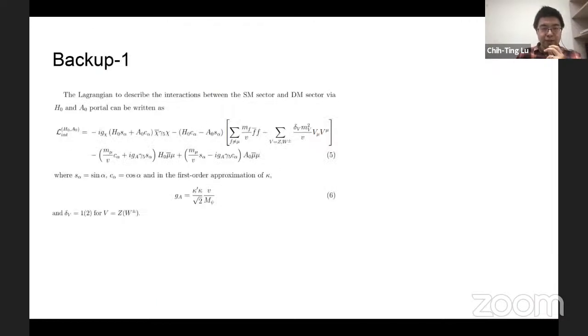So here is very interesting. For the dark matter sector, there is only gamma 5 interaction. And in the standard model sector, if we ignore the muon part, there are only scalar interactions.